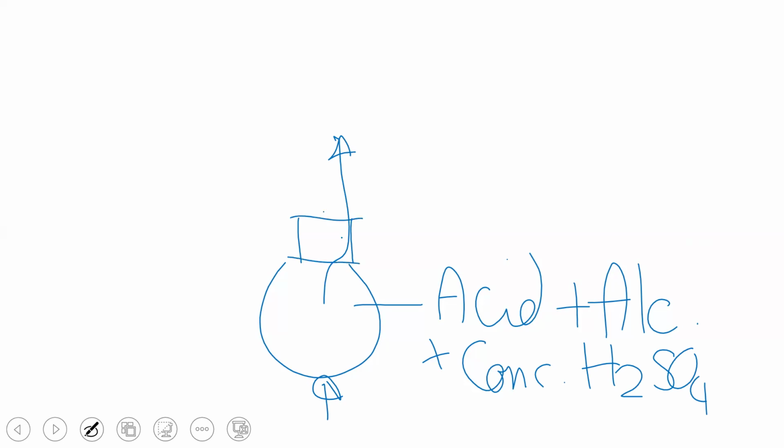Why don't we close it? If we close the flask and heat for a while, the pressure will build up inside the flask. And also we don't want that. So what is the solution to this problem? If this is my flask and I'm heating right here, I will attach to the flask a condenser.